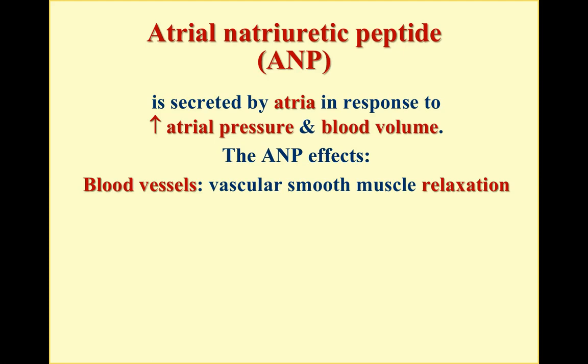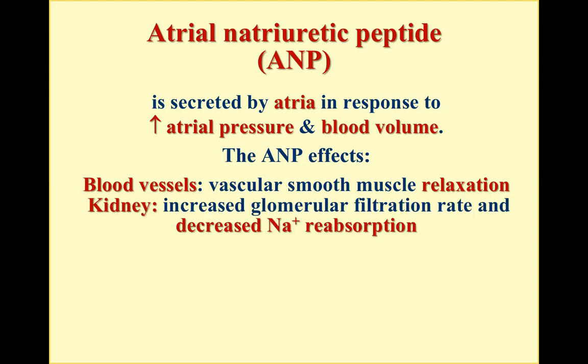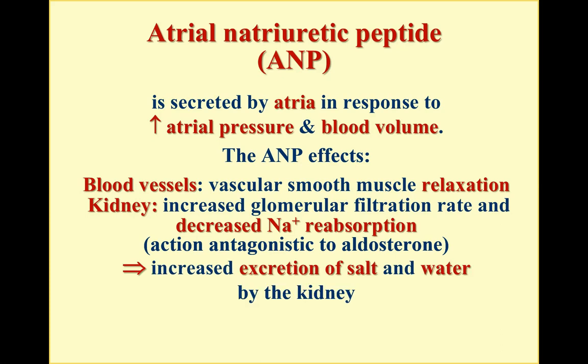In blood vessels, it produces relaxation of smooth muscle, so that the total volume of the systemic vascular system is higher. Then, in kidney, it decreases sodium reabsorption and produces higher filtration rate. Actually, it's antagonistic to aldosterone.